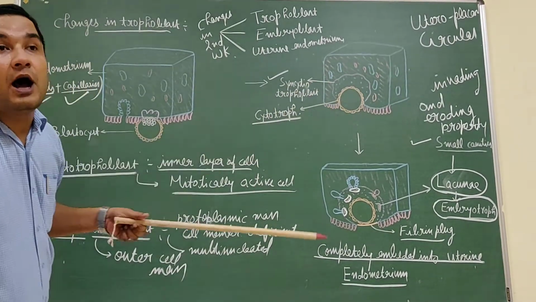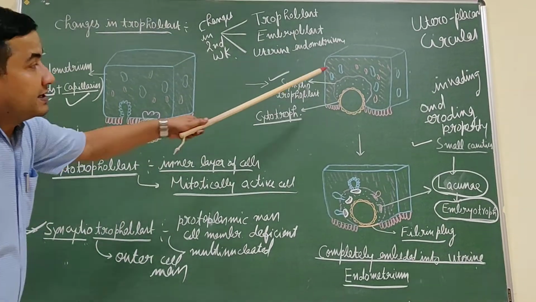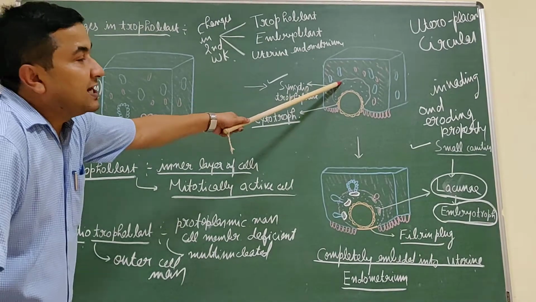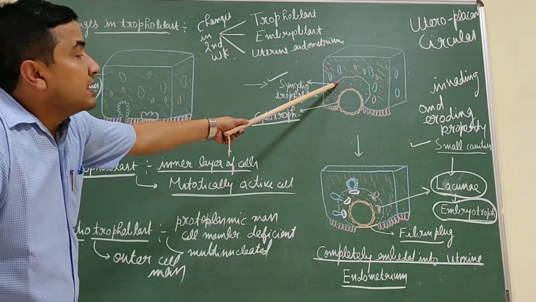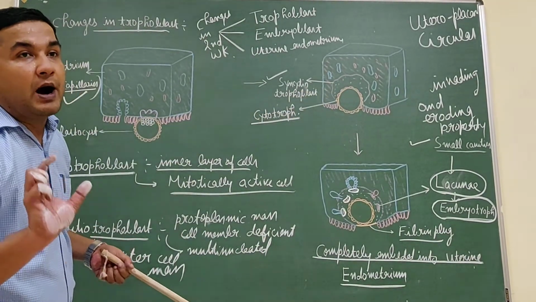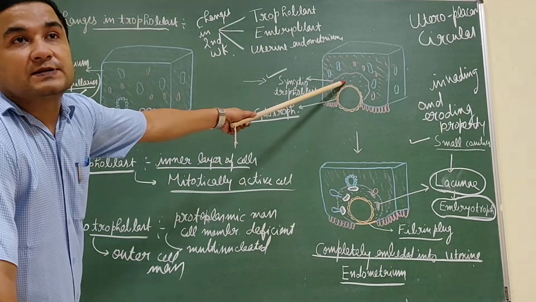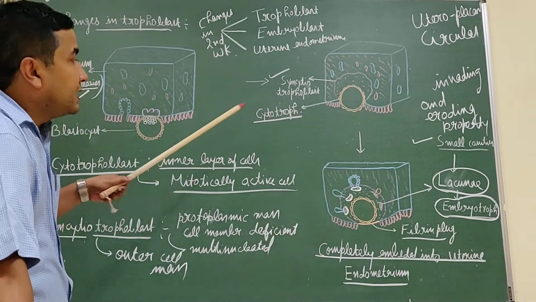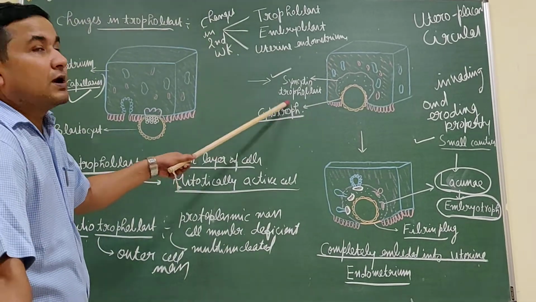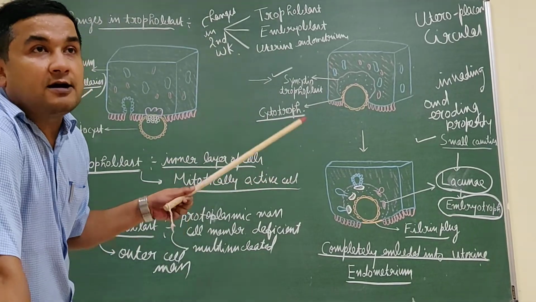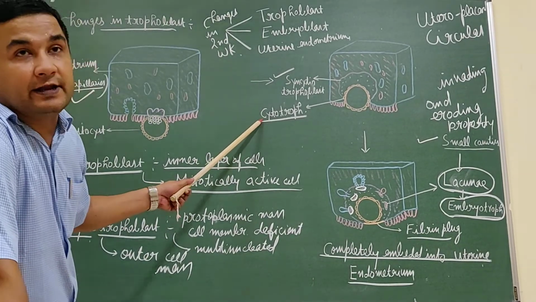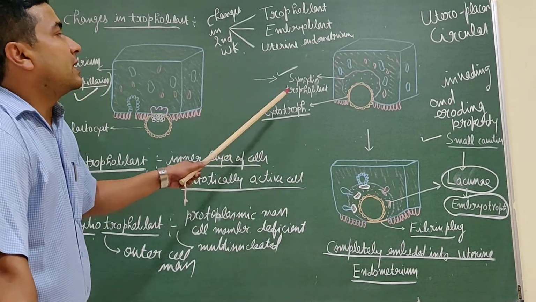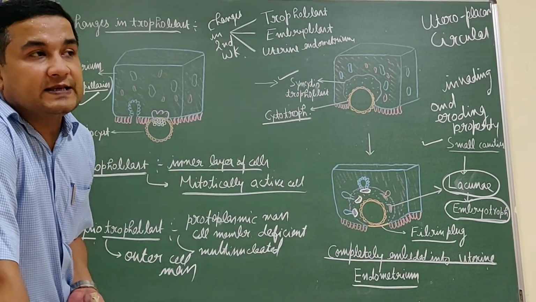It is the outer cell mass. Its characteristic feature is that no distinct cell membrane is present. It looks like a mass of protoplasm, cytoplasm, which is multinucleated, while the inner cytotrophoblast is the mitotically active layer, and it divides continuously, and this cytotrophoblast forms the syncytiotrophoblast.